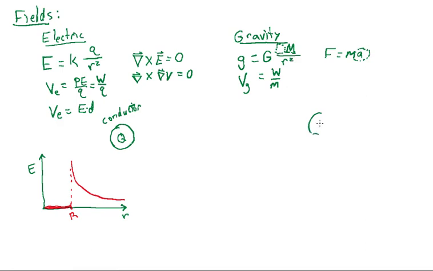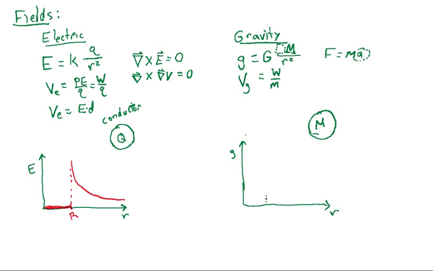Now, it's unlikely that we have a hollow planet, so mass will be throughout the entire thing, some mass m, and we can do a similar graph for it where we have our distance from the center, and in here our field strength vertically. So we'll have our field strength here, which is just little g.